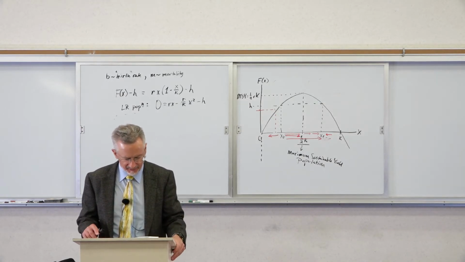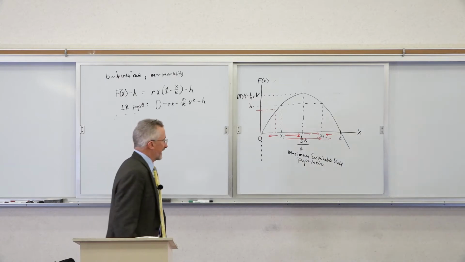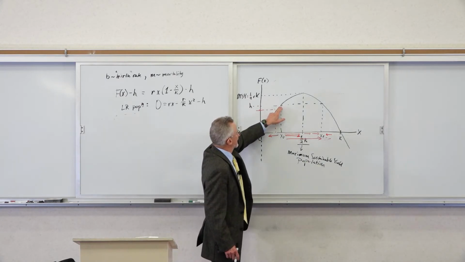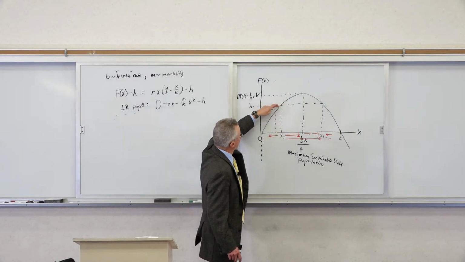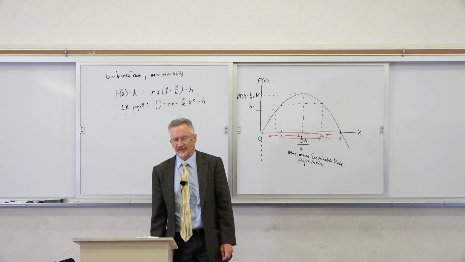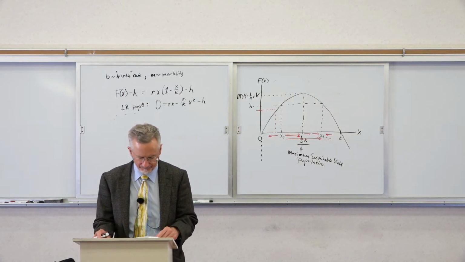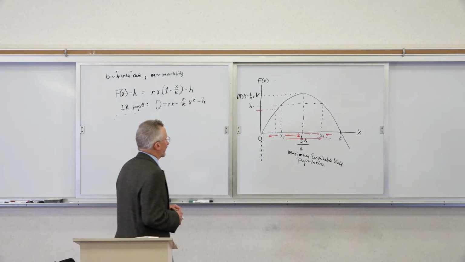Natural population cycles, disease, disaster, some sort of mistake in harvesting, accidentally harvesting too many, any of those things could drive that up.